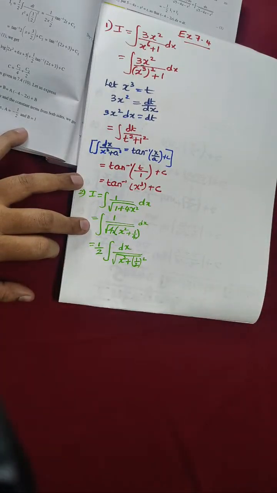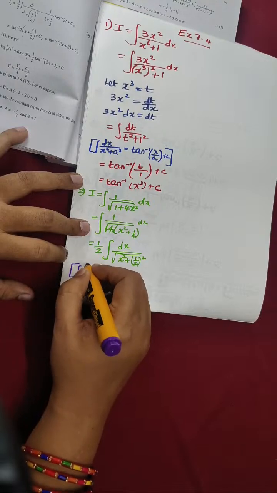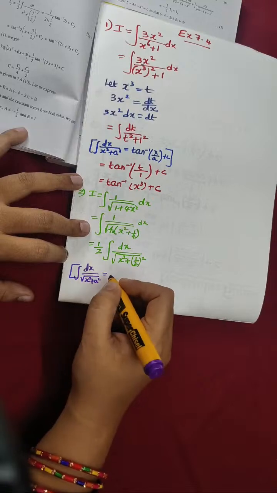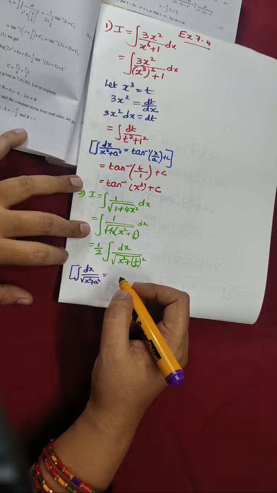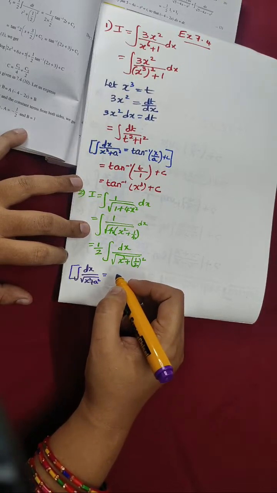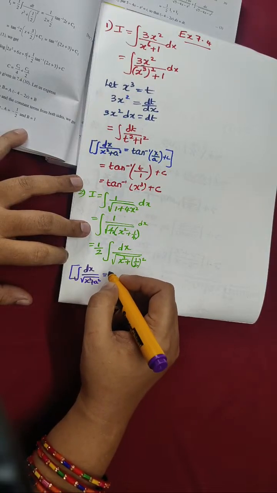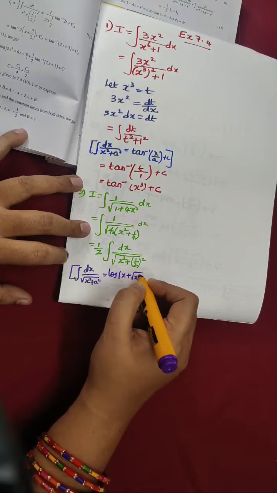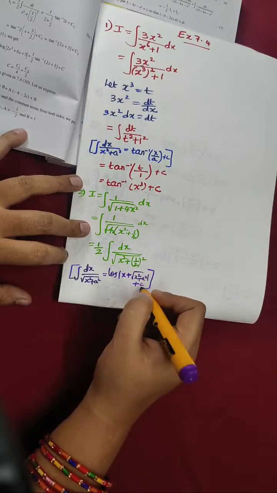And again, this is of the form integral dx by root of x square plus a square. Do you remember the formula? Can anyone post the formula here? So log of x plus root of x square plus a square plus c.